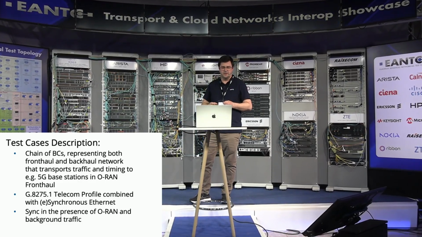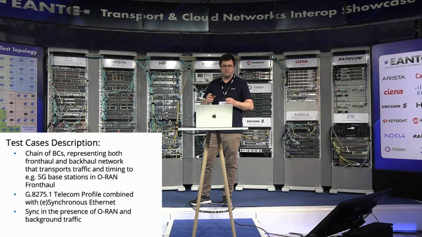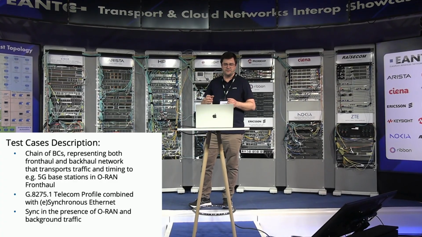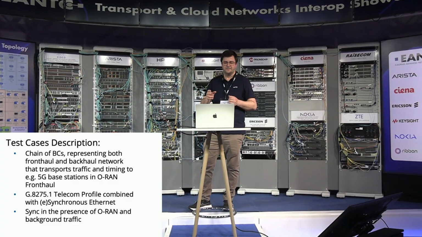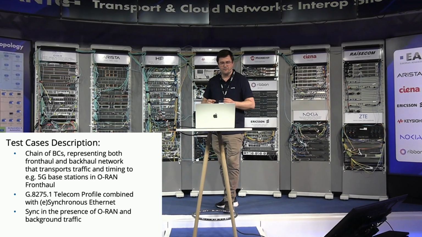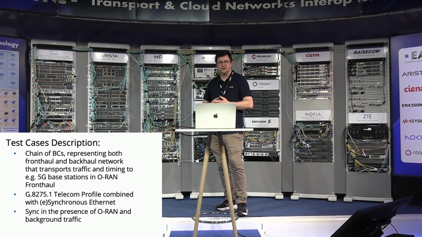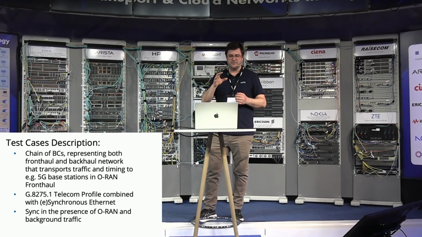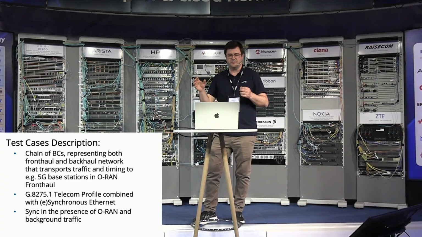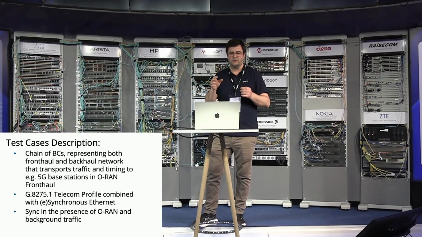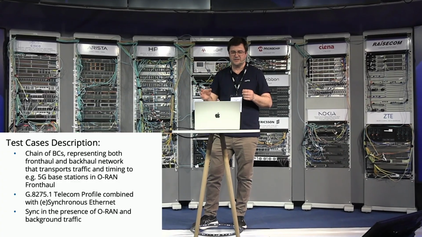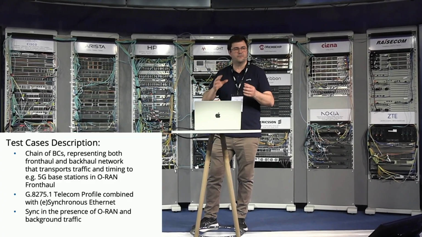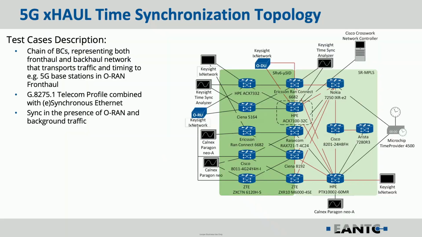We are using the telecom profile, and for the SyncE performance, we also have enhanced SyncE here. What you see here is that the traffic is simulated with a lot of background traffic, with also the RU-DU traffic, but also having the sync going over with the services here.